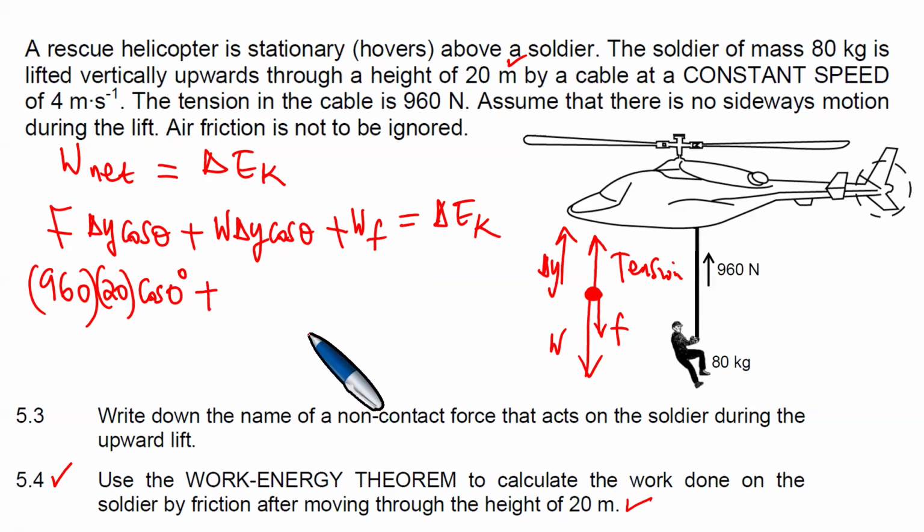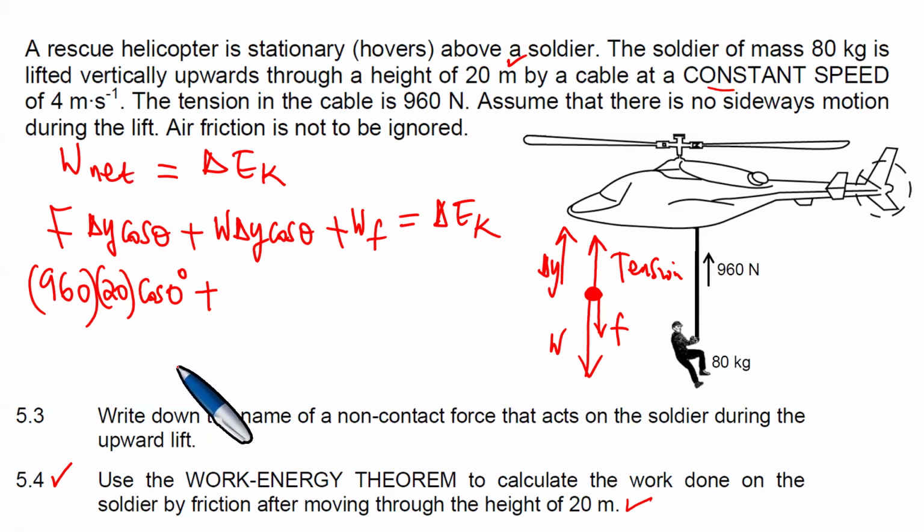Remember that this helicopter is stationary, hovering above a soldier. The soldier of mass 80 kilograms is lifted vertically through a height of 20 meters by a cable at a constant speed of 4 meters per second.